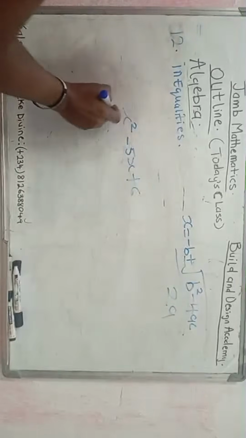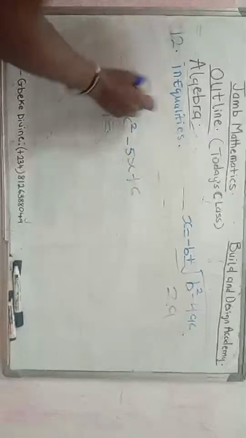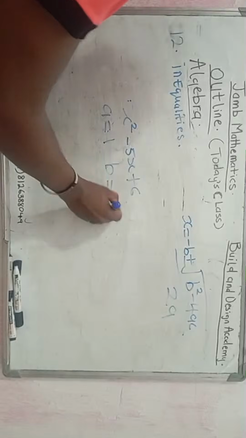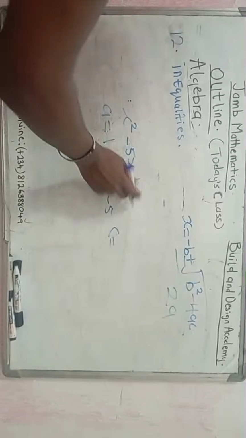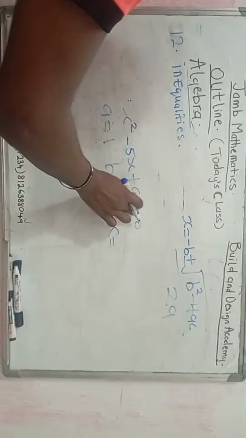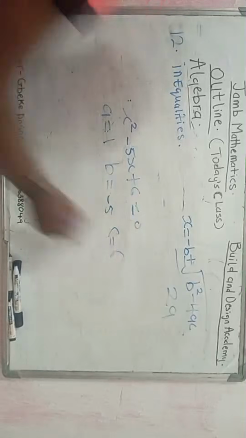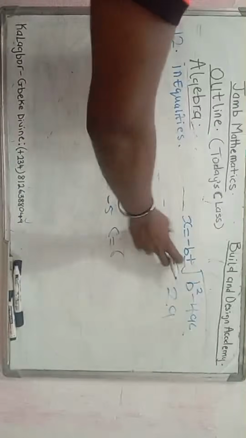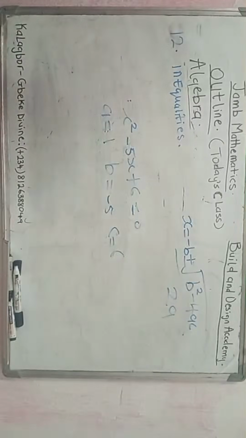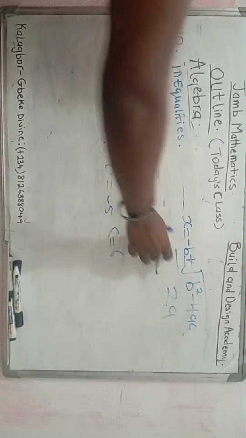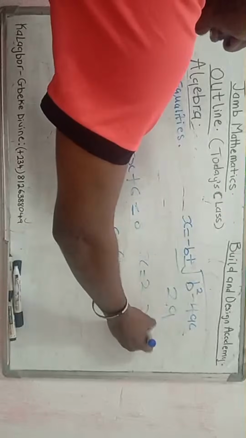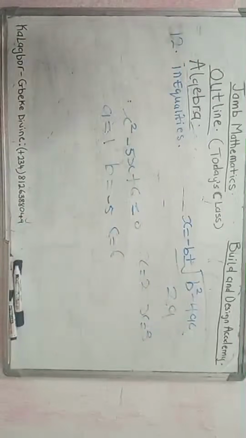In this one, a is the coefficient of the first term, which is 1. b is the coefficient of the second term, which is minus 5. And c is the constant, which is 6. You simply input the values 1, minus 5, and 6 into this formula to get the value of x. When we put the values in, we still get the same thing: x equals 2 and x equals 3. You can try it as an assignment.